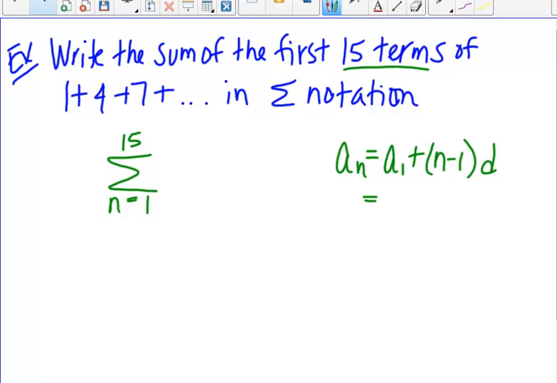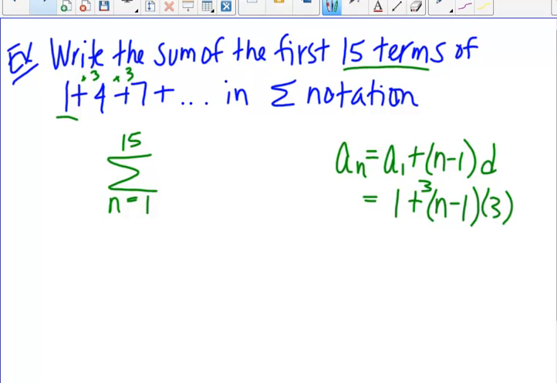So the first term is 1. And remember, in order to put this in that sigma notation, I need to leave that n, because that's the thing that this machine needs to change the integers into. And now I just need my common difference. So if I come back here and just say 4 minus 1, oh yeah, I'm adding 3. 7 minus 4, oh yeah, I'm adding 3. So I see that my common difference is 3.